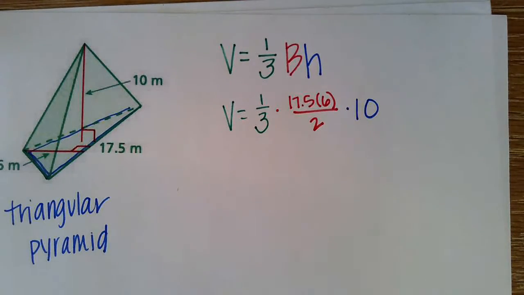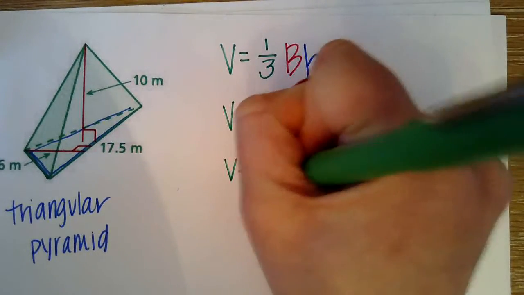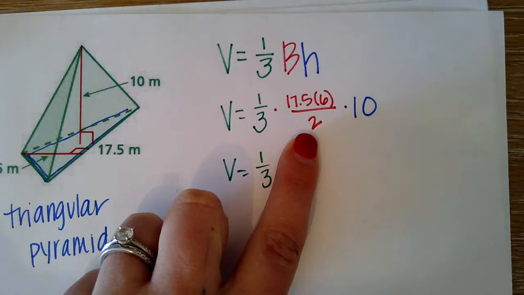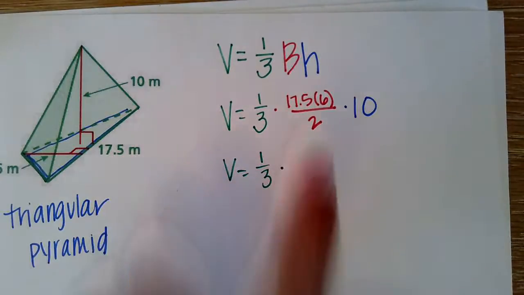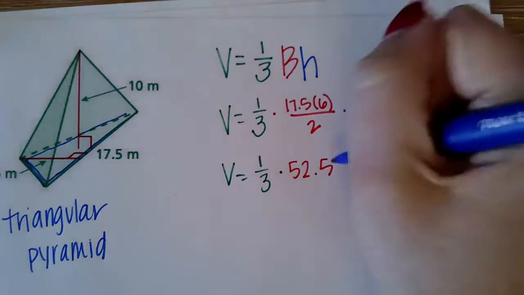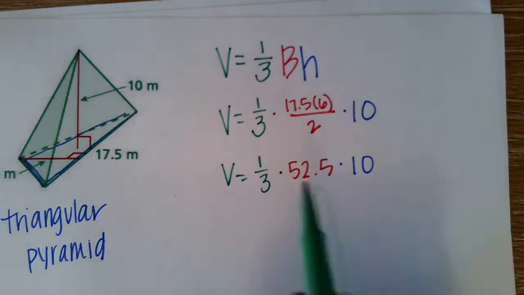All right, so once again, I can plug this into my calculator. Sometimes it helps to figure out this part first. So I plug in 17.5 times 6 divided by 2, which is going to get me 52.5, multiplied by 10. Then I multiply that all together.